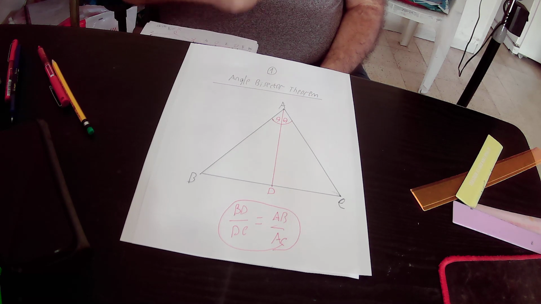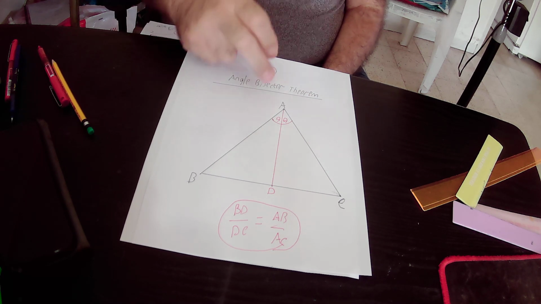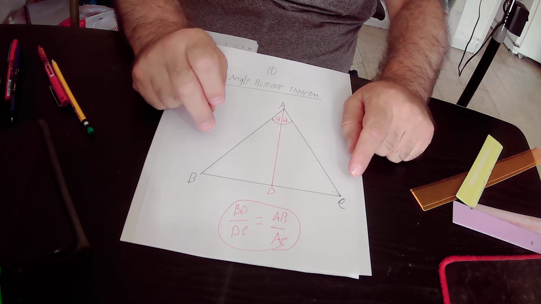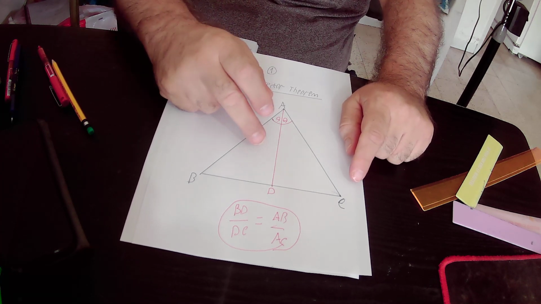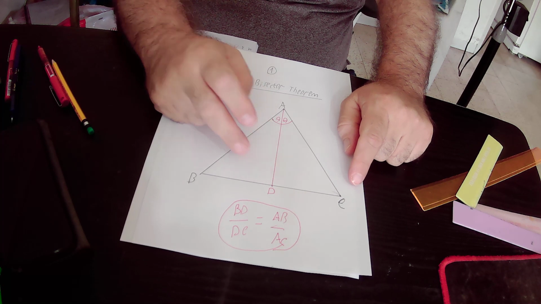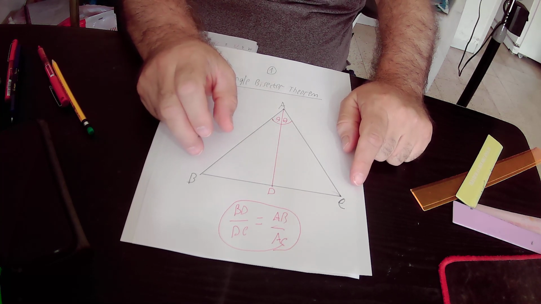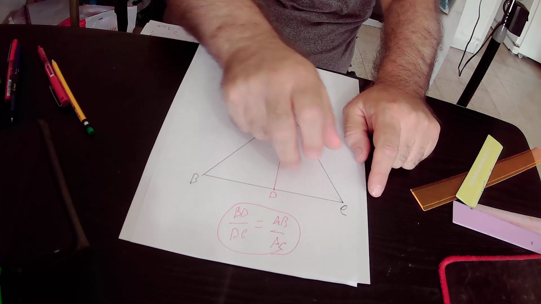So according to the angle bisector theorem, the angle bisector AD divides the side that it hits. Angle bisector AD hits side BC of triangle ABC, and it divides it in a ratio of BD over DC.